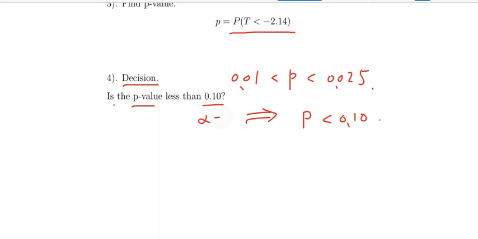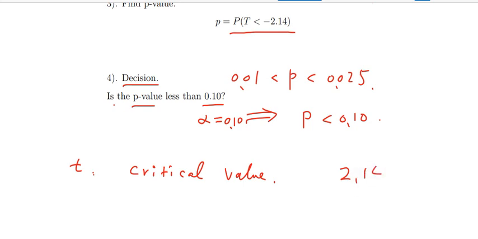So we can just find the cutoff point for 10%. We call this the t critical value, or just the critical value.